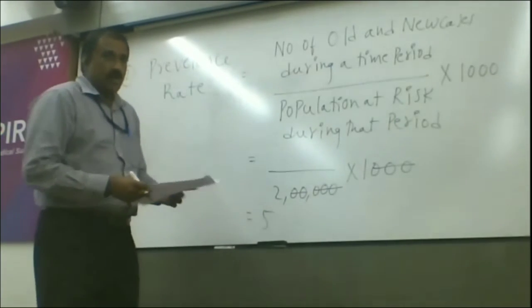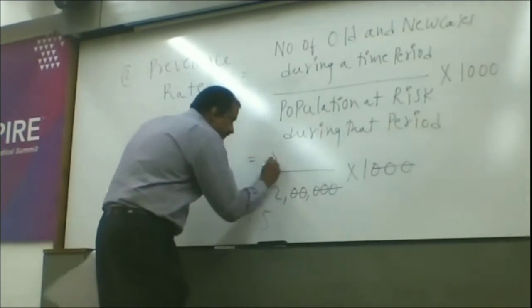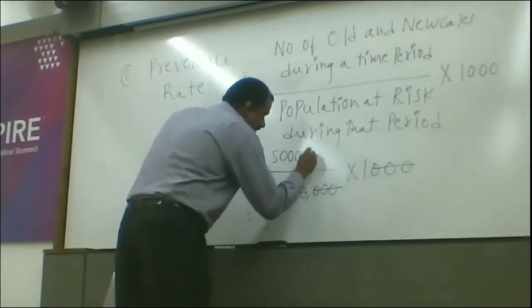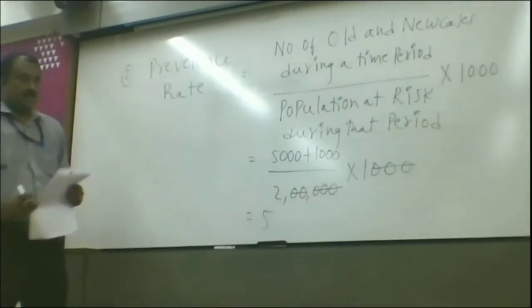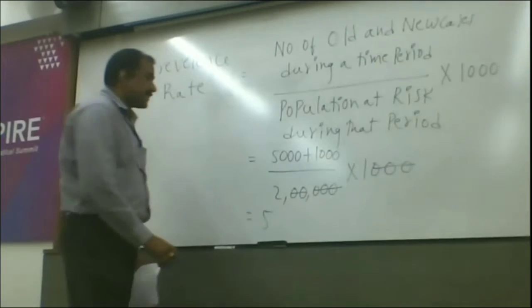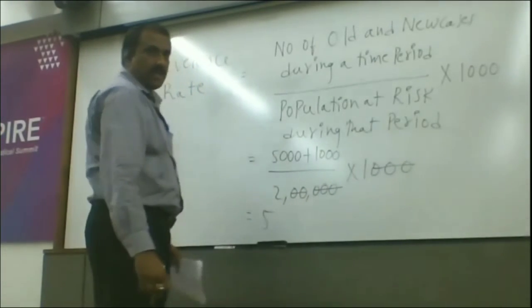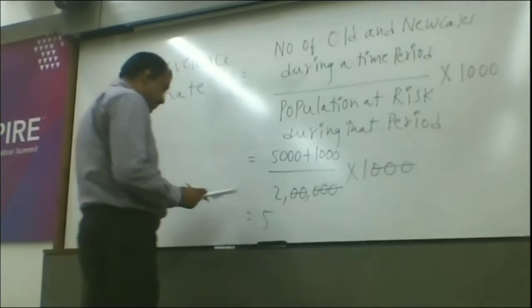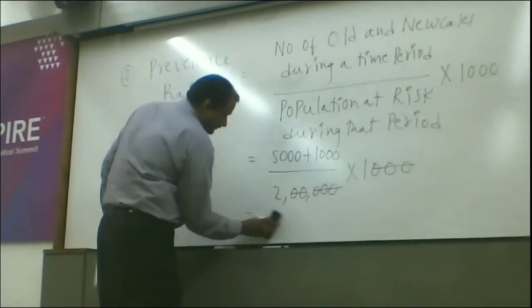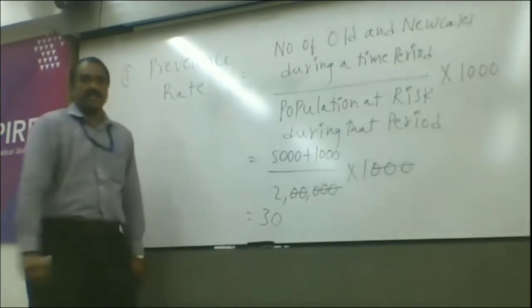So here, old cases are 5,000 and new cases are 1,000, and the total number of cases is 6,000. So the prevalence rate is 30.